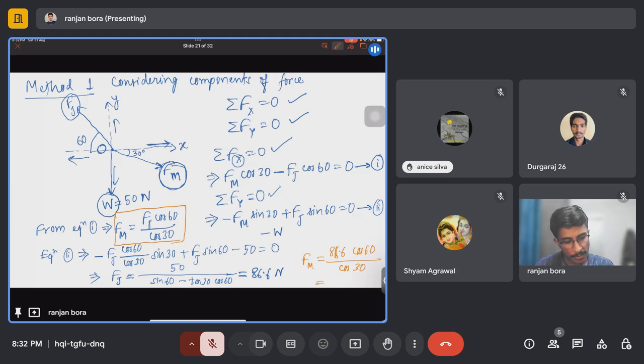Fm will come as 50 Newton, equal to the weight of the head, the weight of the skull. So is it clear? Have you all understood this problem?